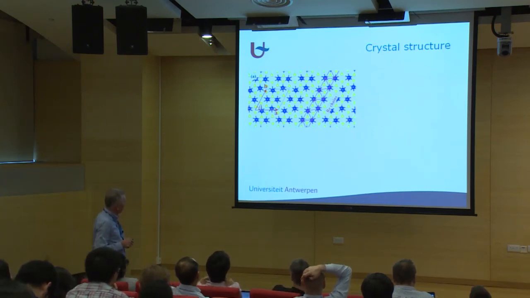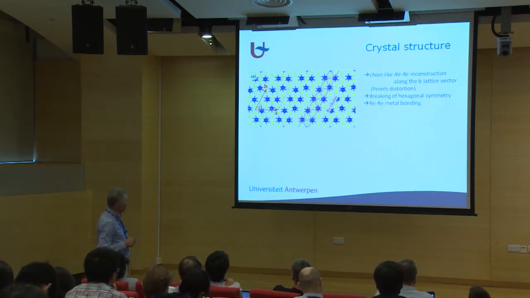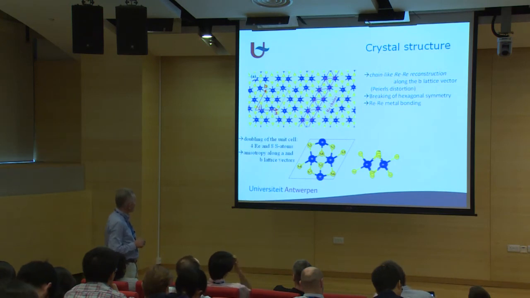You have a chain formation, a chain reconstruction, like a Peierls distortion, which breaks the hexagonal symmetry. Now the unit cell looks like this, so the unit cell is twice as large. It contains 4 rhenium atoms and 8 sulfur atoms. Furthermore, the system is anisotropic if you go along the A or along the B axis.